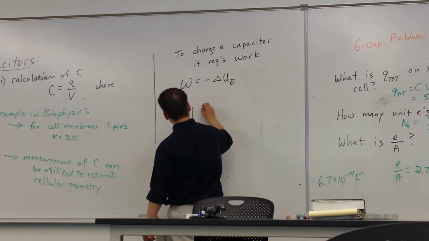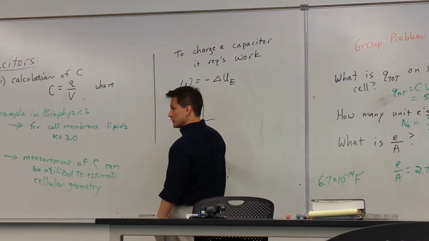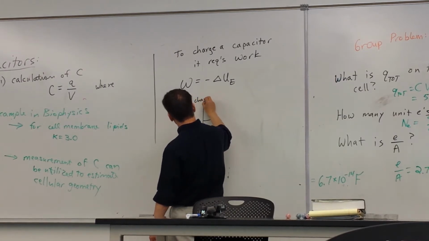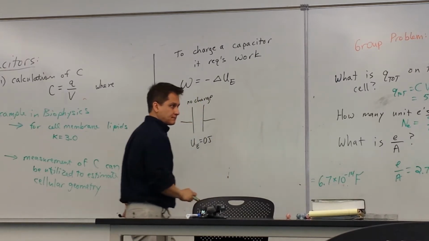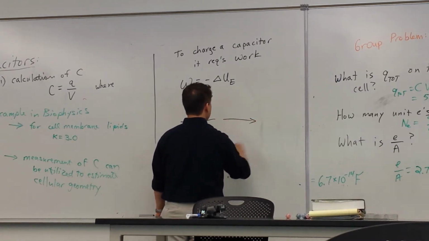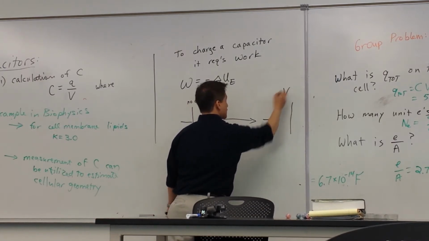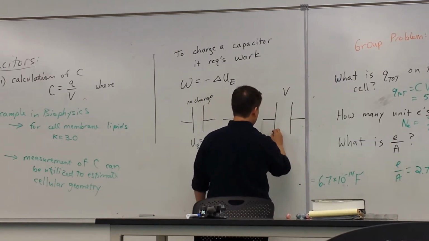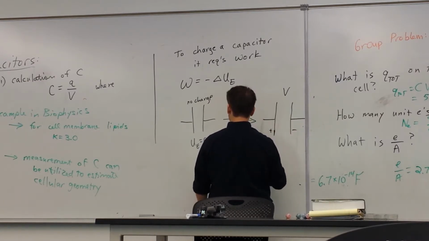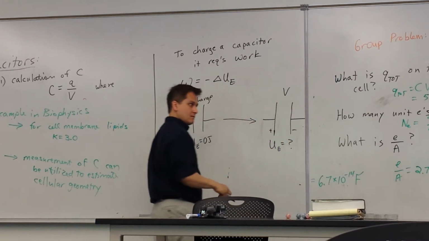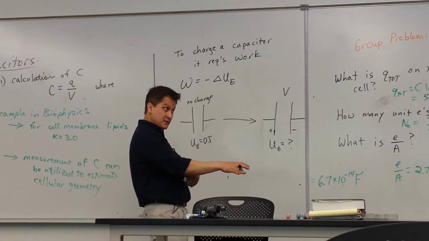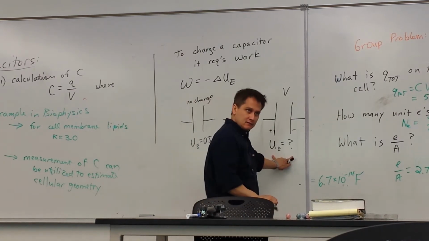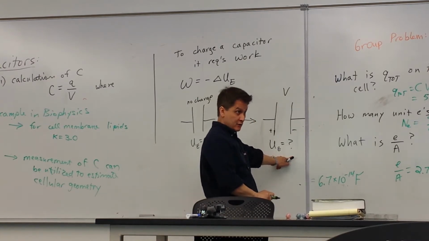So we start out, for instance, with a capacitor that has no charge, and we have a potential energy of 0. Then we charge it. Now we have a certain voltage across it, and we have a plus and a minus Q, and we have a certain potential energy. The electrical work required to physically force that charge onto the capacitor is directly correlated to the change in the potential energy.